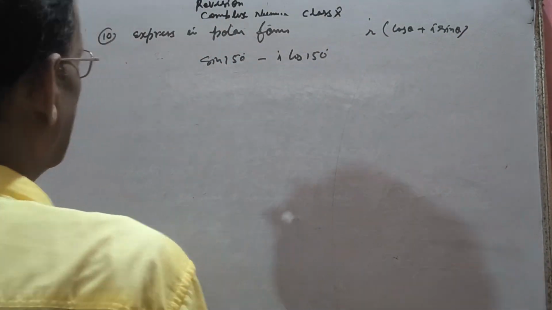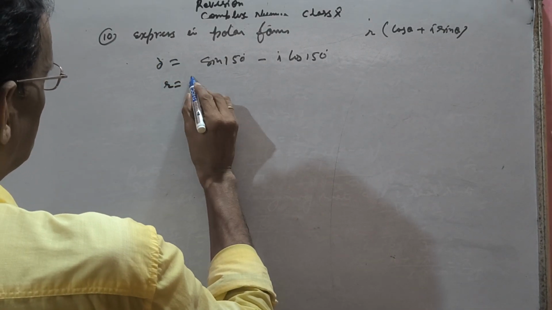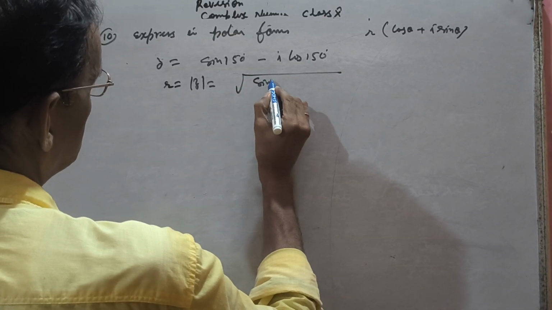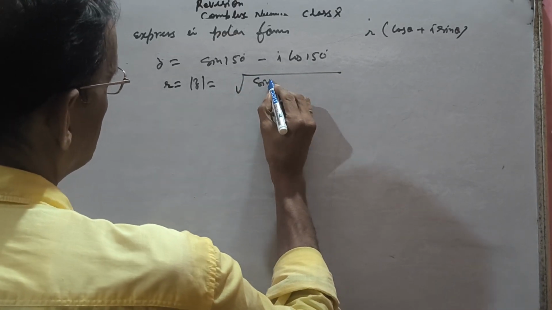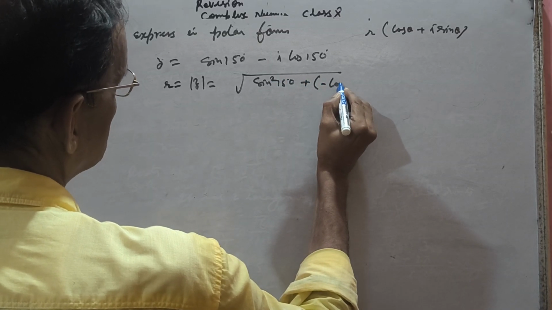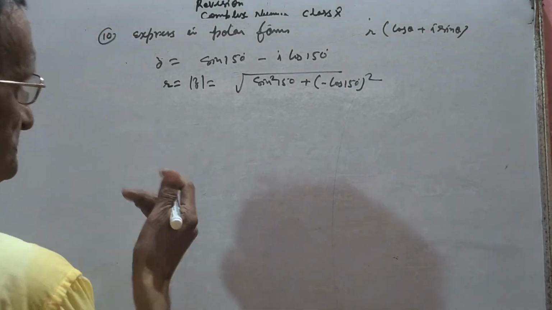So first you have to find r. Suppose this is z, so r equal to modulus z. What is modulus z equal to? Square root of x^2 + y^2. So sin^2 150 degree plus (-cos 150 degree)^2.